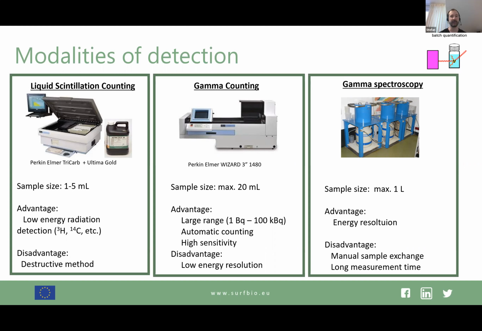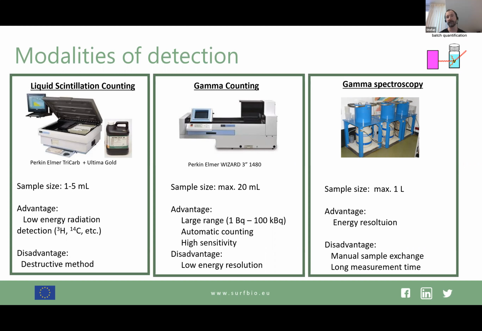A disadvantage is maybe the rather low energy resolution. The gamma photons that are emitted have energies specific to the radionuclide. So you can identify a radionuclide by that specific radiation if you have a suitable energy resolution of your detector.